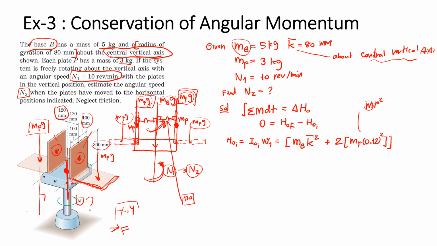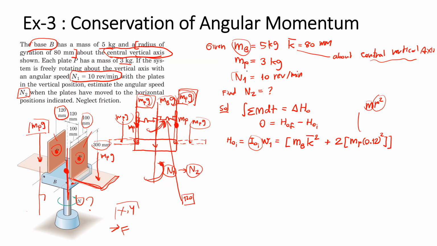M is the mass of the plate at the center of gravity. R is the radius measured from the axis of rotation to the position of the mass MP. And this is the moment of inertia at the initial condition.